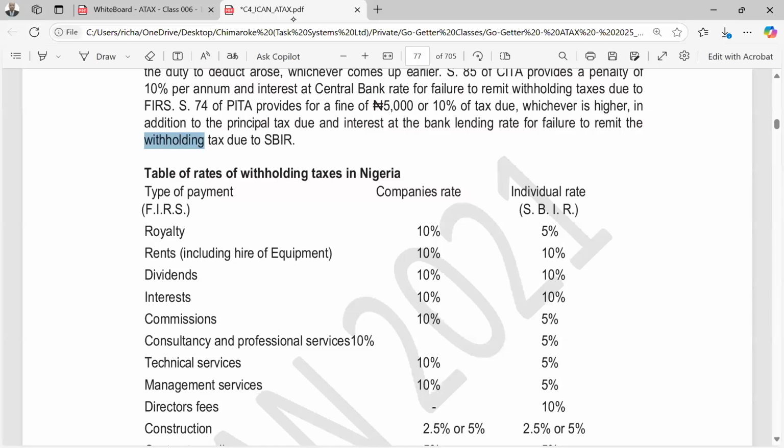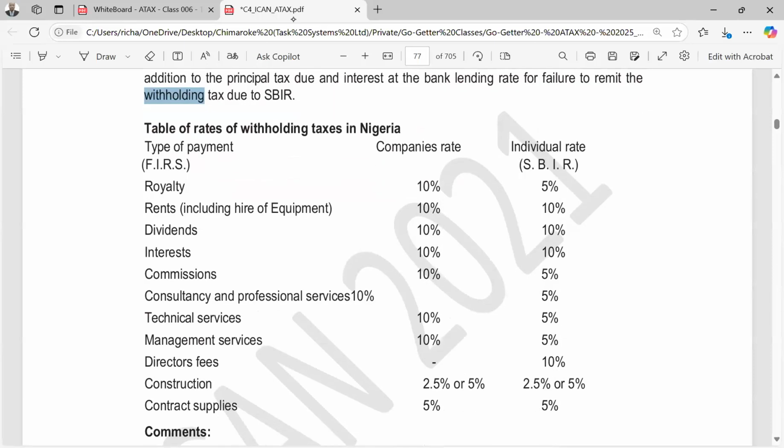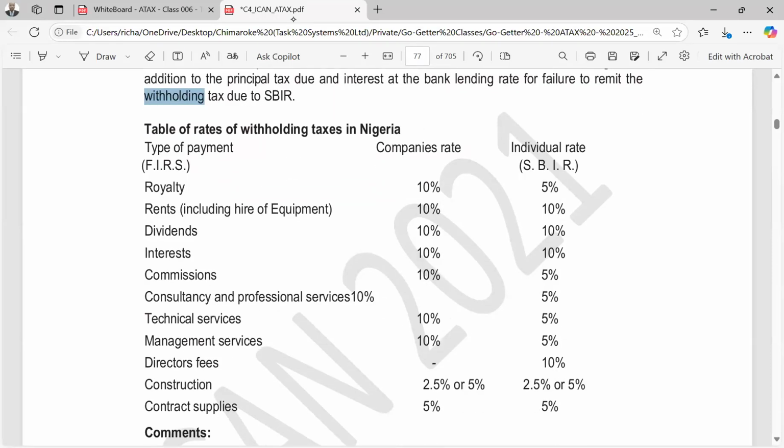All right. Now look at the company rates, look at the individual rates. I want you to note something. There are some taxes that for both individuals and companies are 10%. For example, there are three. I call them DIRO, or ROID.